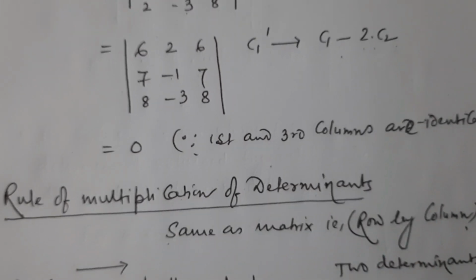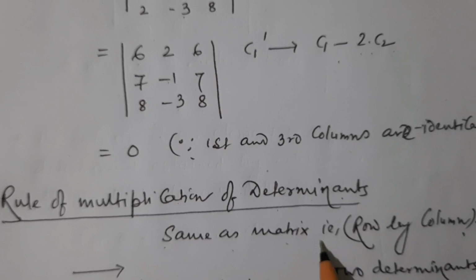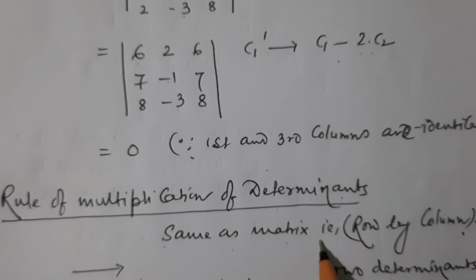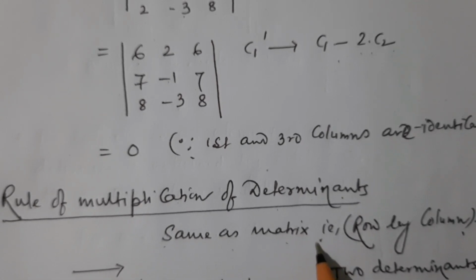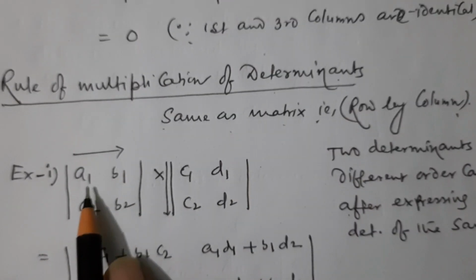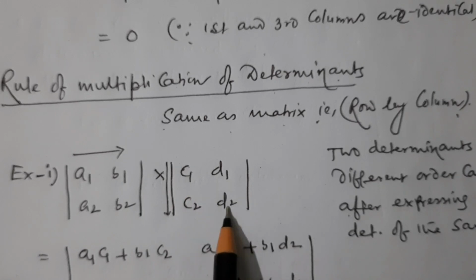Next, the rule of multiplication of determinants, same as for matrices, as we previously discussed. The rule of multiplication in the case of a matrix. So I repeat here: A1 B1, A2 B2 into C1 D1, C2 D2.